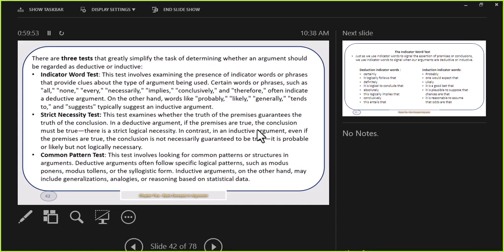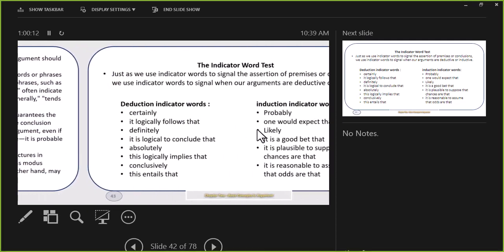A strict necessity test is a kind of mental inspection, a mental introspection of the linkage, the strength and weakness between the premise and the conclusion. Common pattern tests are patterns commonly found in inductive and deductive arguments that simplify the task of telling whether an argument is deductive or inductive.